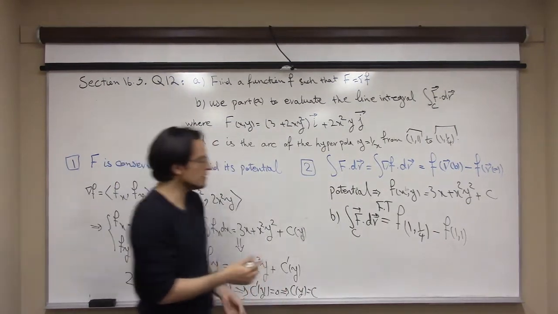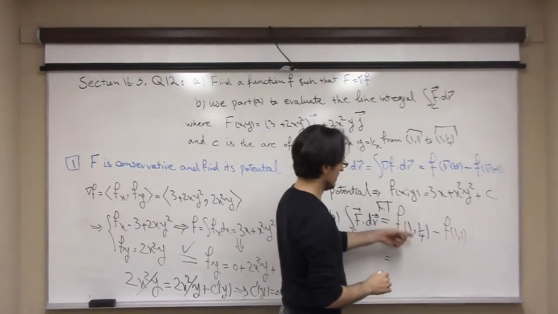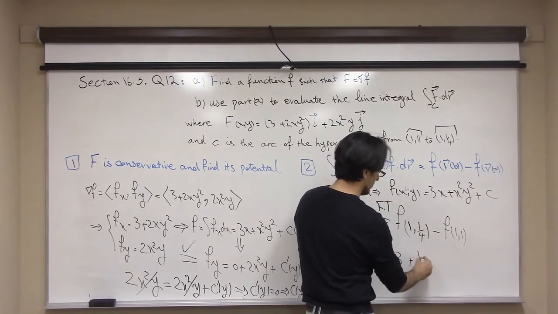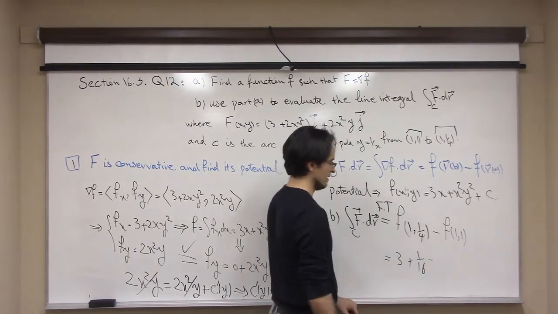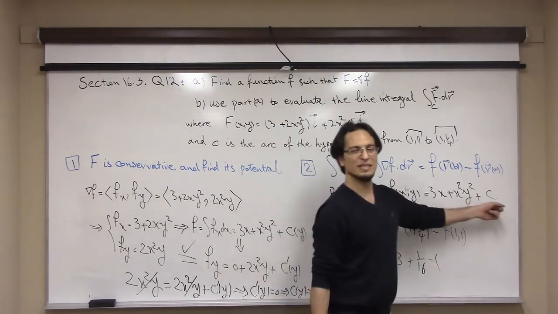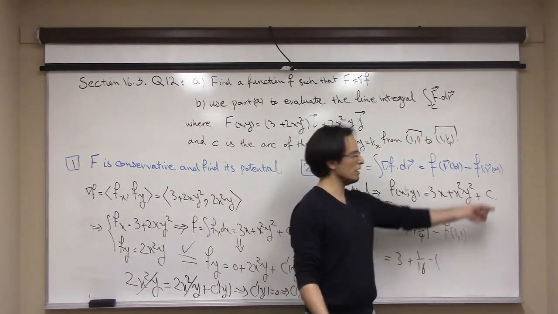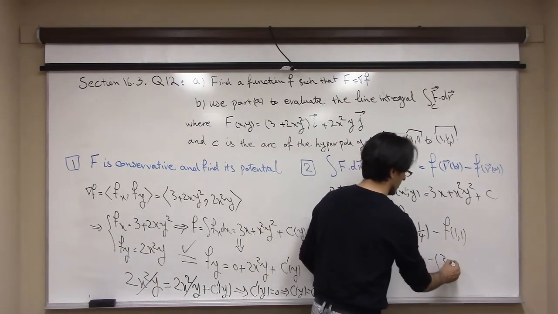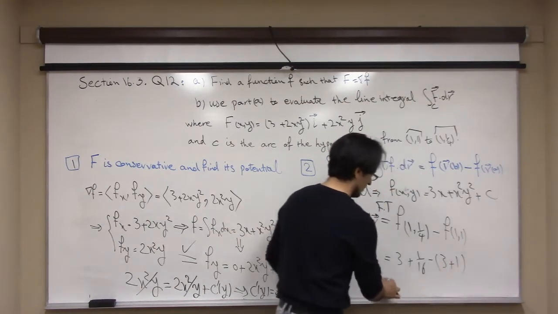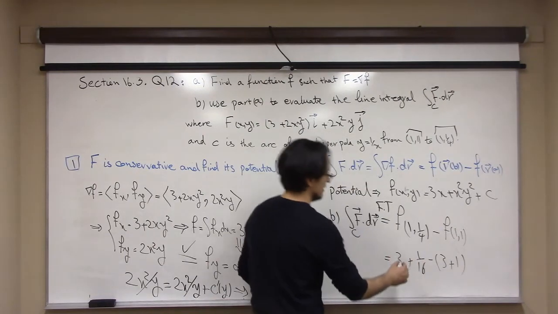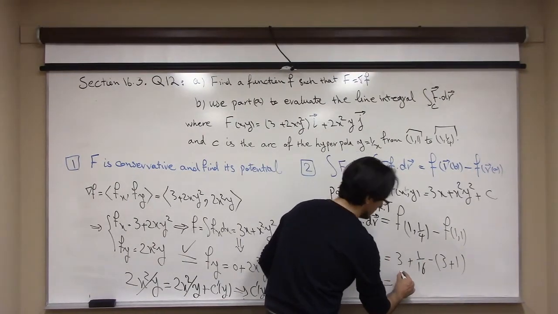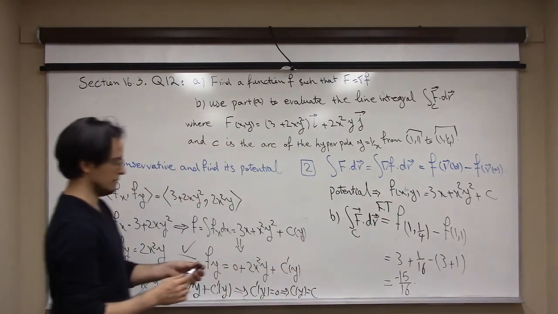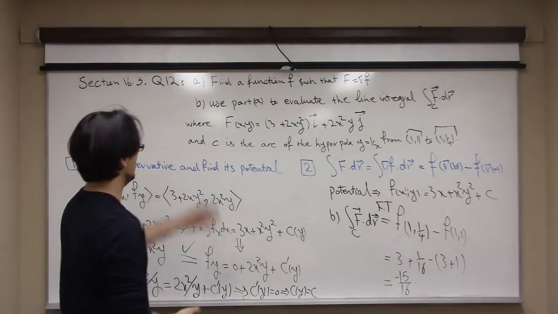Just plug in those values: I have 3 plus 1/16 minus 3 plus 1. As I said, I can put any c here, they will cancel each other, so I choose to put 0 there. The 3s cancel, and I get 1/16 minus 1, which is negative 15/16.